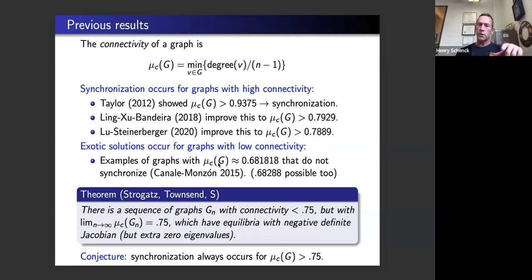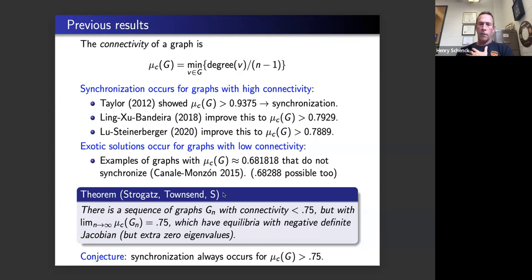On the other hand, there are examples of graphs with pretty high connectivity, not as high as this, where you don't have synchronization, where you have these exotic solutions, with connectivity 0.68 or so. And so the question that we were attacking when we first looked at the problem was either to find more examples of exotic graphs and bring this threshold up above 0.68, or to bring the upper bound down from 0.78. So there's this interesting range between 0.68 and 0.78 where it's not clear what's going on.